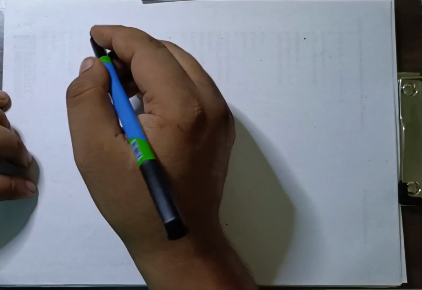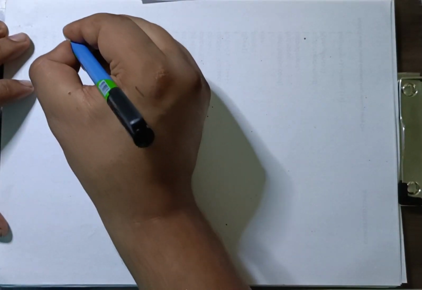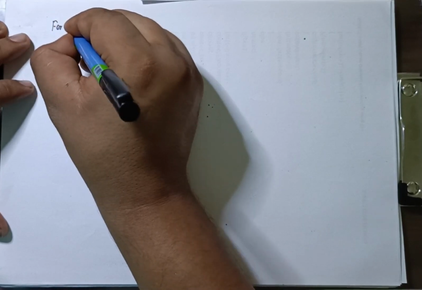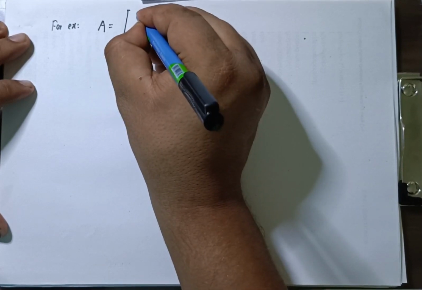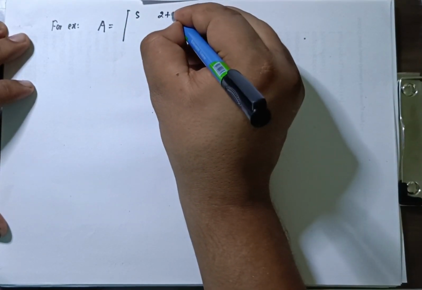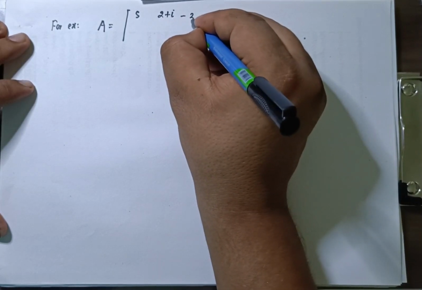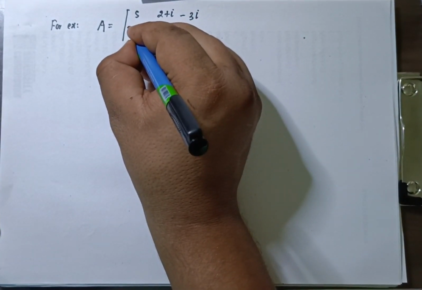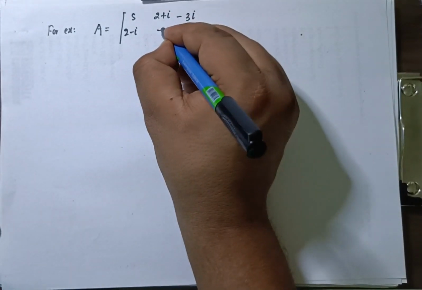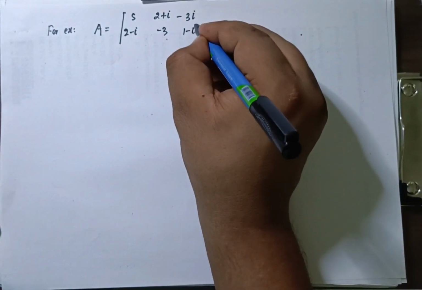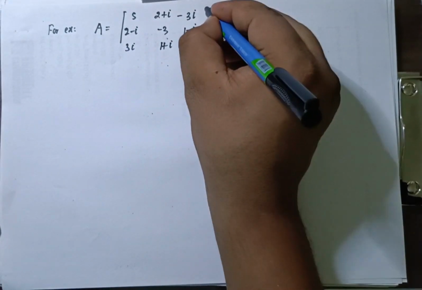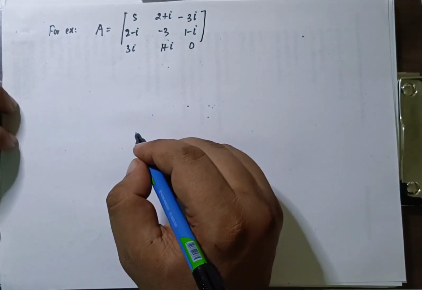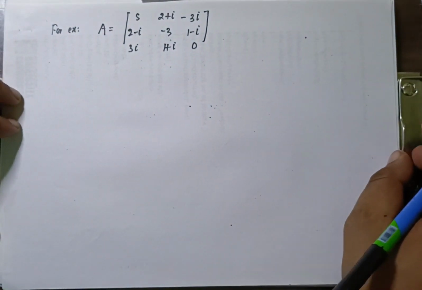Here we are going to give some examples of Hermitian and skew Hermitian matrices. Now, for example, the given matrix A, I am writing here: 5, 2 plus iota, minus 3 iota; 2 minus iota, minus 3, 1 minus iota; 3 iota, 1 plus iota, 0.